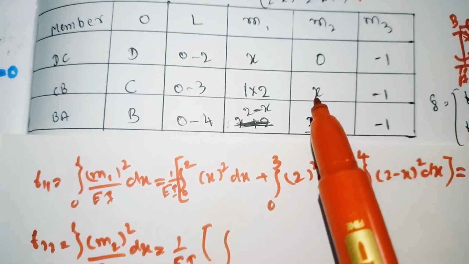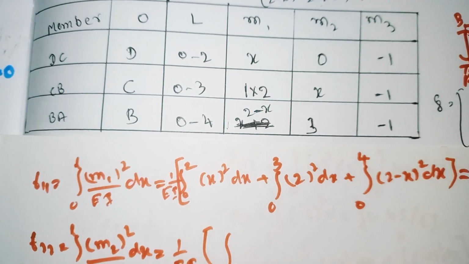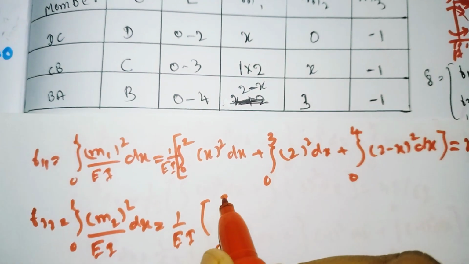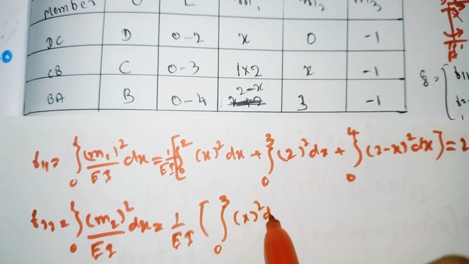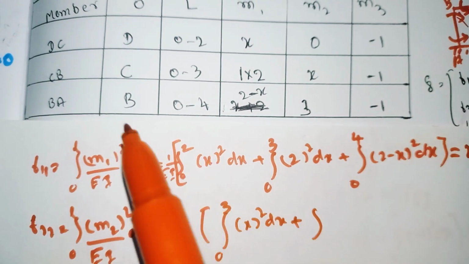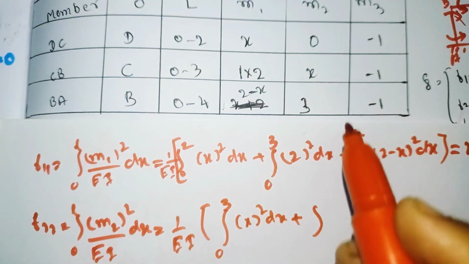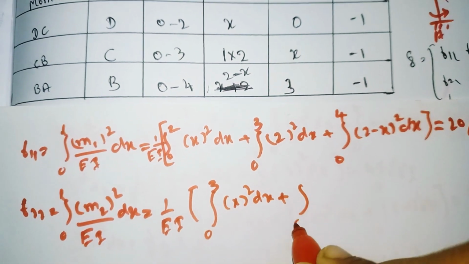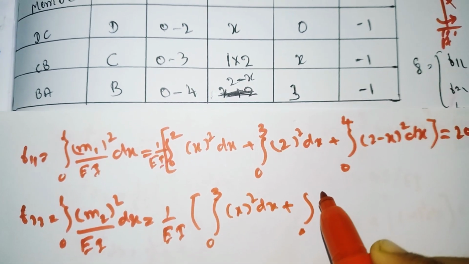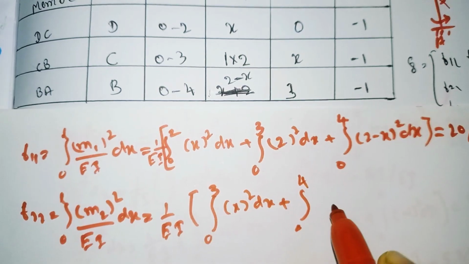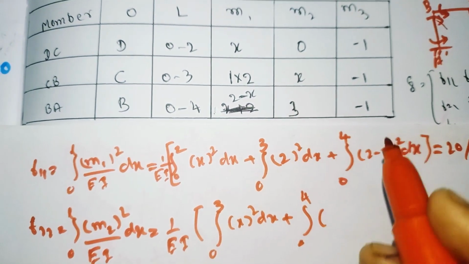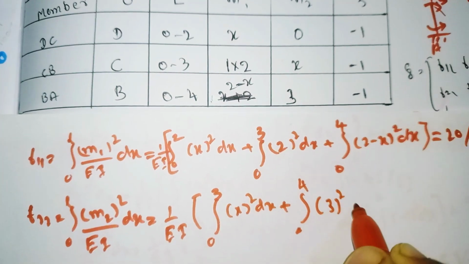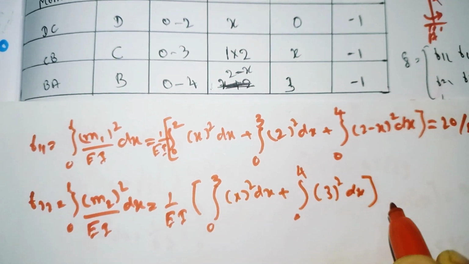For CB the M2 value is x, limit is 0 to 3, so x square dx, plus integration for BA, limit is 0 to 4, our M2 value is 3, so 3 square dx, close the bracket.